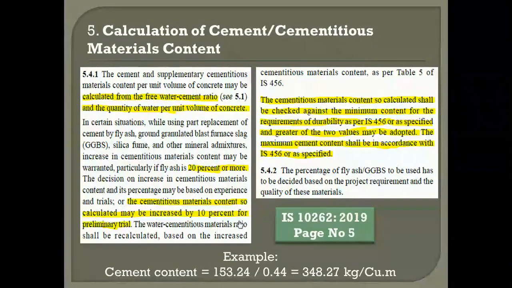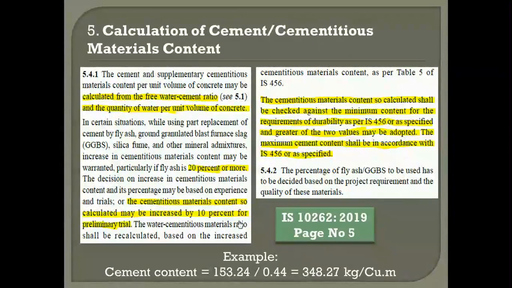Or if we are not able to get the exact percentage, then we have to increase the mineral admixtures by every 10%. For each trial we keep on increasing till we get sufficient workability and strength. Or directly you can go for 20% or more, whichever is suitable you can use in the site.